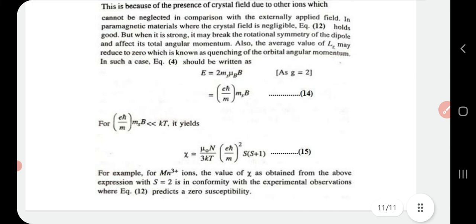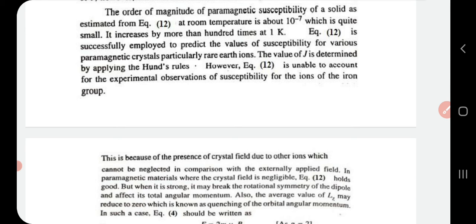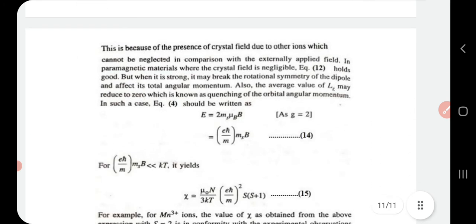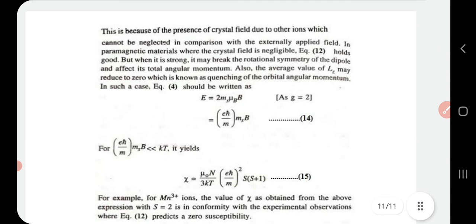Now here they are mentioning a reason why equation 12 cannot be used to calculate the susceptibility of ions of the iron group. The reason is mentioned here. It is because of the presence of the crystal field, that is crystal field splitting.